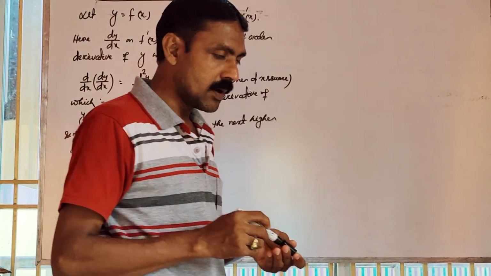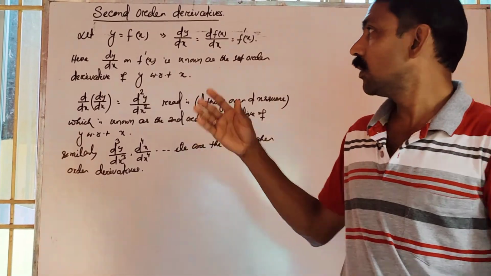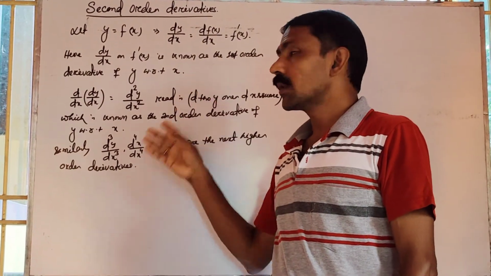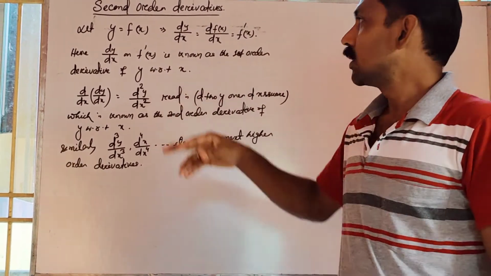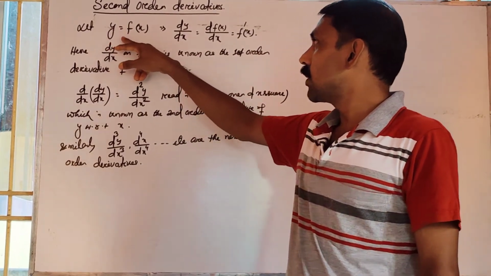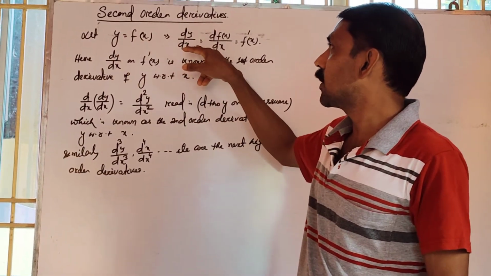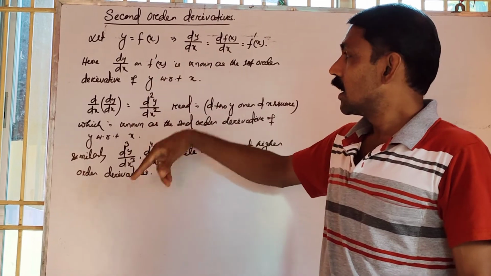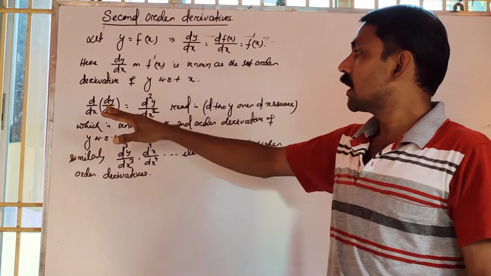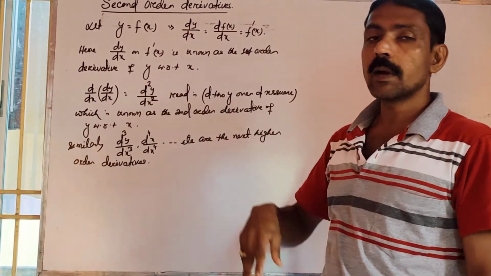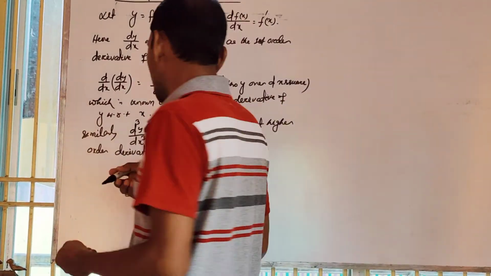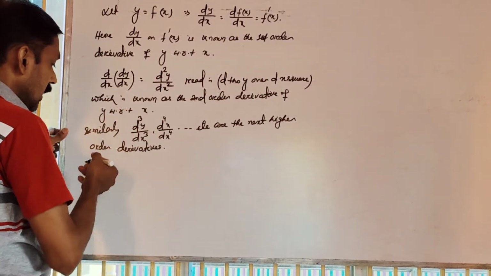So here generally what we will do, we will continue to differentiate the function. The first time you differentiate, you will get the first order derivative dy by dx. If you again differentiate it, you will get the second order derivative d2y by dx square.